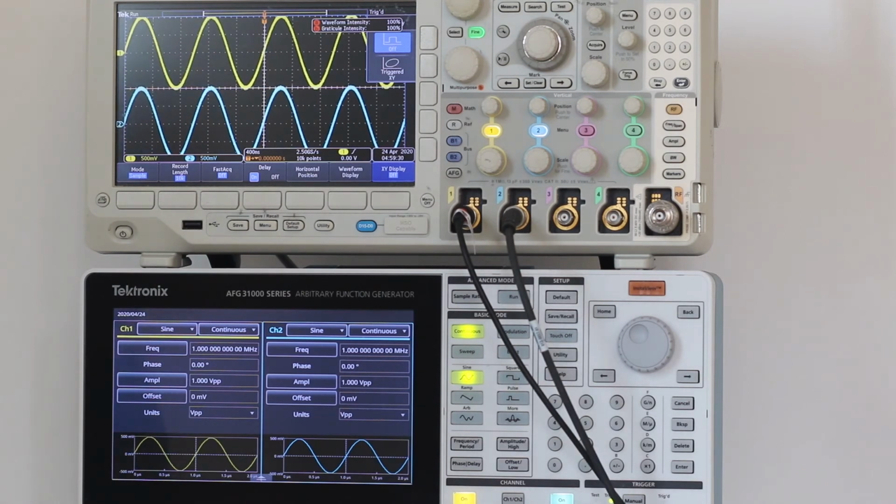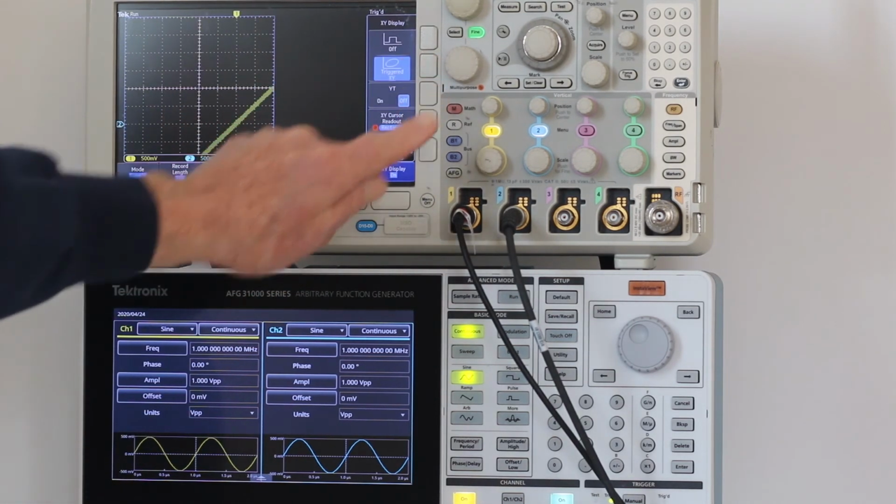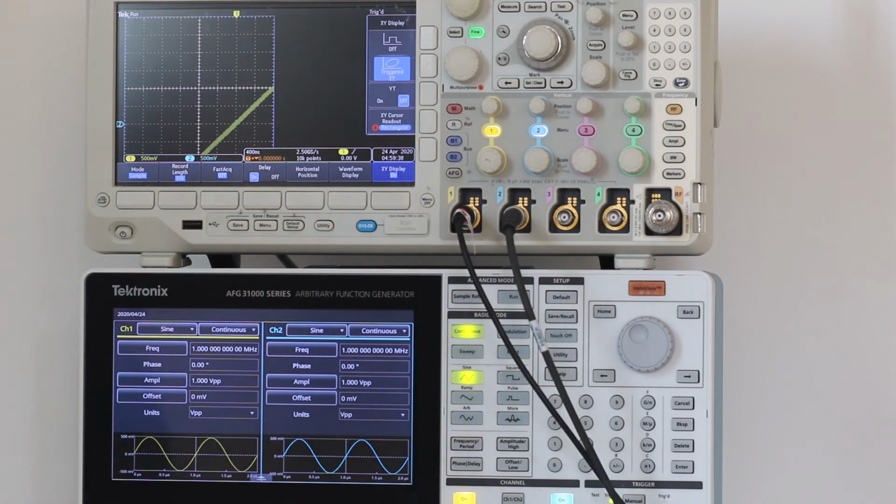In the vertical menu, press Triggered XY. There is the Lissajous figure of the two in-phase sine waves of the same frequency and amplitude.